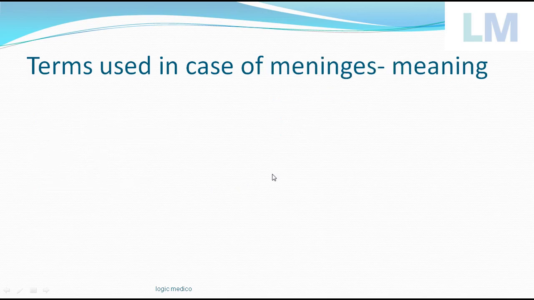Now moving on to the meninges. What exactly are meninges? Meningo, what are these things? Actually, there are three meninges around the brain: dura mater, arachnoid mater and pia mater. They form the coverings or membranes which support and protect the brain. In fact, the word mater, M-A-T-E-R, refers to mother. So dura mater is a tough mother.